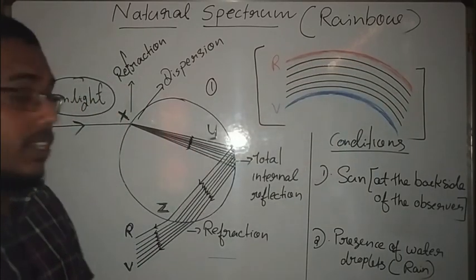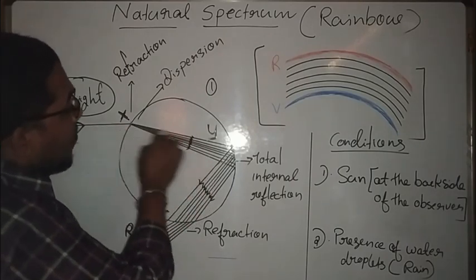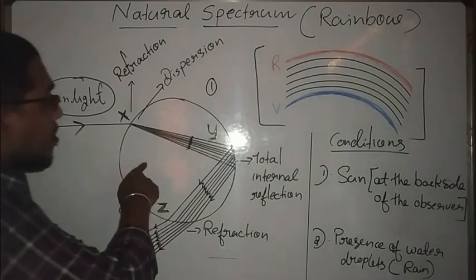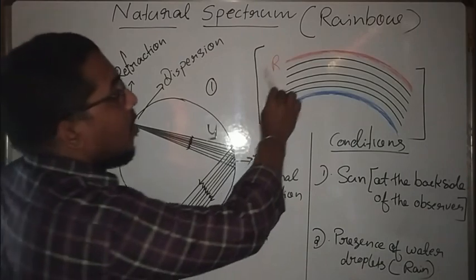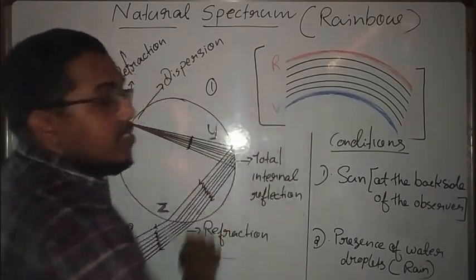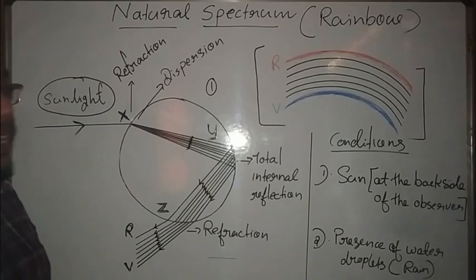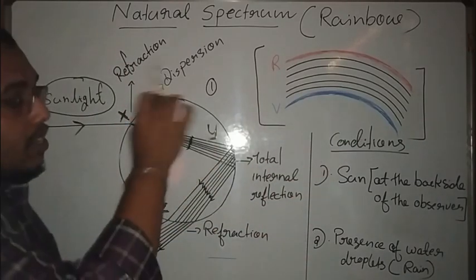What is the reason? Once again, it is because the reflection and refraction of the colors for each water droplet will be different. As a result, altogether the rainbow looks like a semicircle or an arc, while the actual shape of the rainbow is a complete circle.